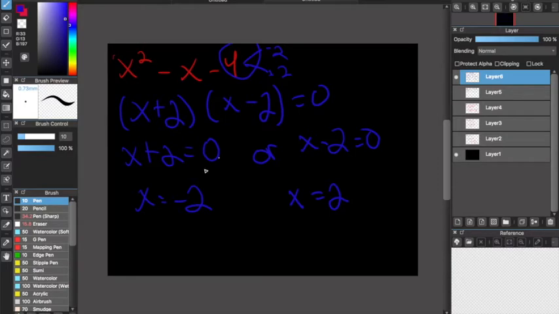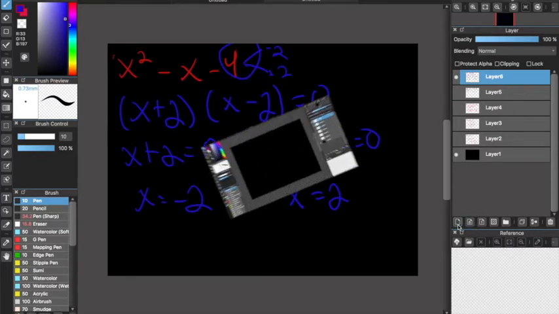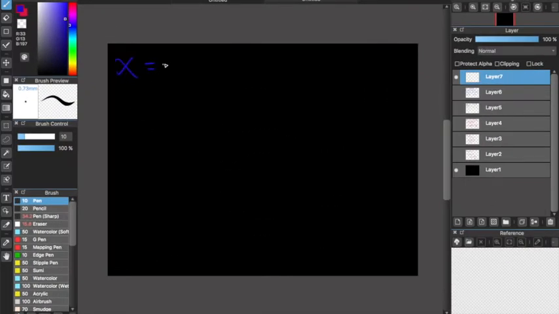So let's remember this and the question. Put x equals minus 2 and x equals 2. And then remember the question. The question is f(x) equals x squared minus 4.